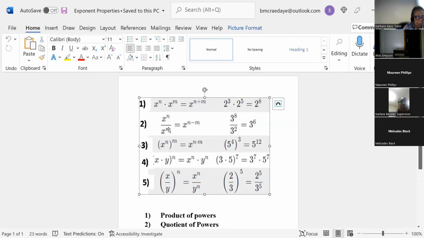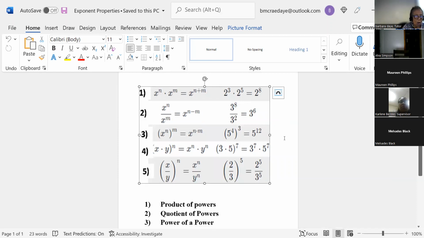Subtract the exponent of the denominator from the exponent of the numerator. So x to the n over x to the m is x to the n minus m. Put some numbers in there, same base of 3, 8 minus 2 gives 6. Any questions on division of exponents?